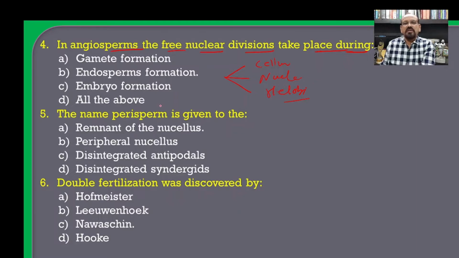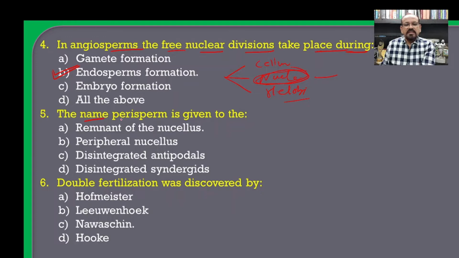These types are only on the basis of the plane or the type of division. So if we see the nuclear endosperm, there is free nuclear division, and hence during the formation of the endosperm there is free nuclear division.